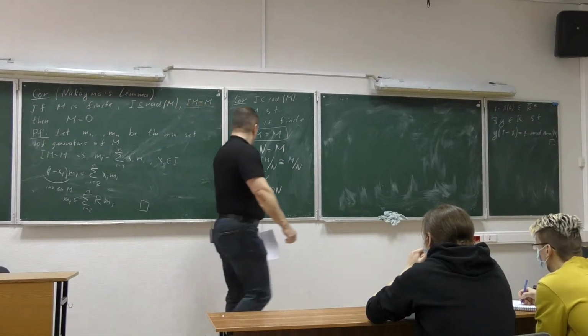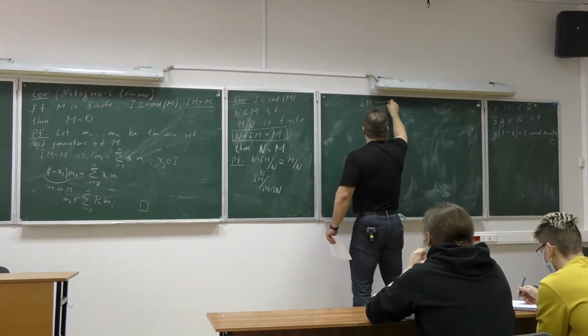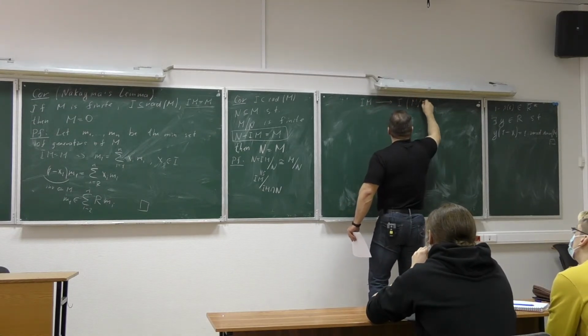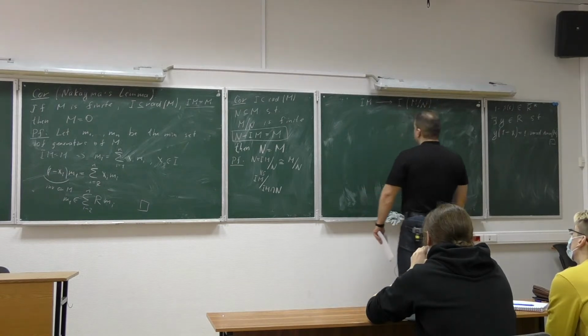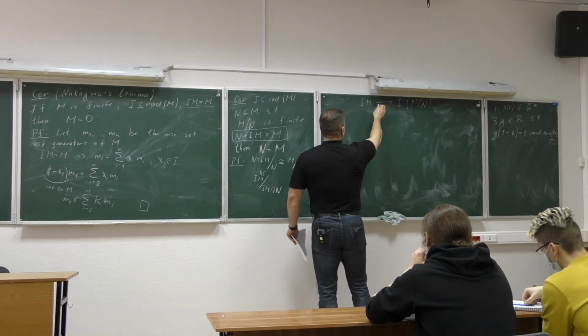On the other hand, if I consider the module IM, I have a canonical map to I applied to the quotient of M by N. Well, the definition of this map is the following.